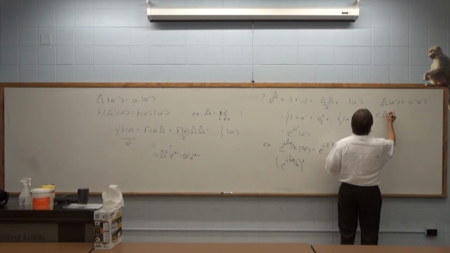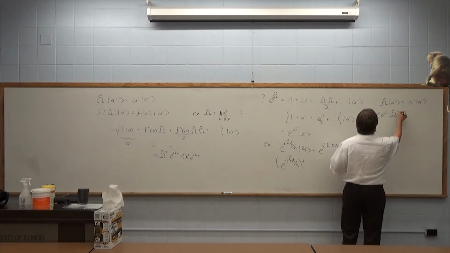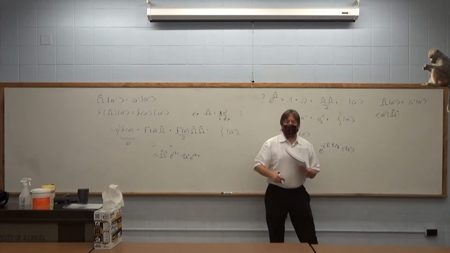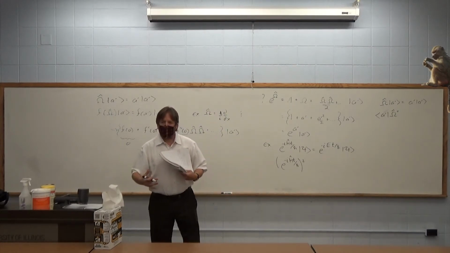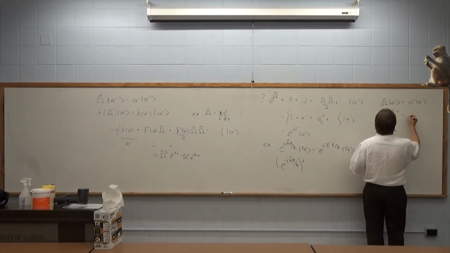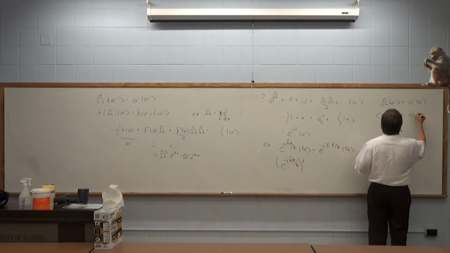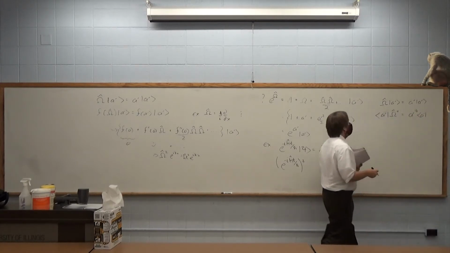The dual correspondence thing is this. If you have a bra, then bras are acted upon in the other direction. The operator needs to be the transpose, and I think you get the complex conjugate. There you go.